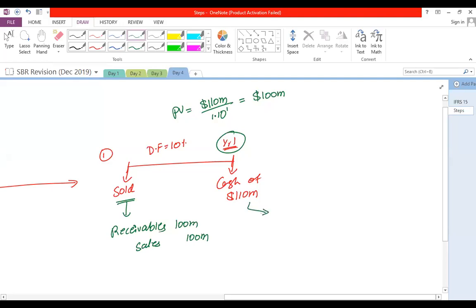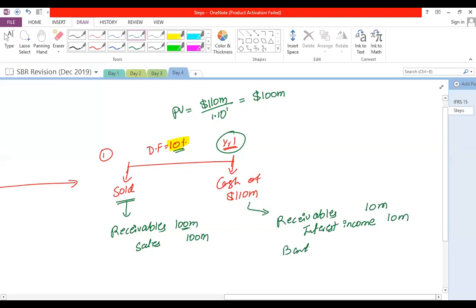Now, after 1 year, we are going to make another entry as the receivables debit and the interest income credit. So we assume that we are earning 10% interest on this. So 10% of $100 million will give us a value of 10 million.